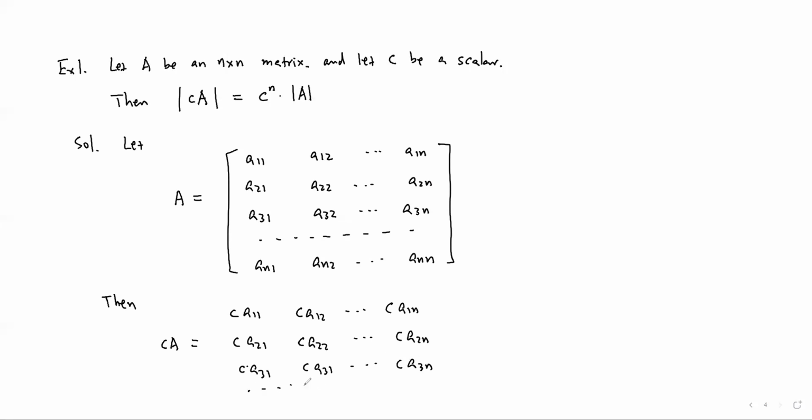C A3N, C times AN1, AN2, C times ANN, right? This is C times A.